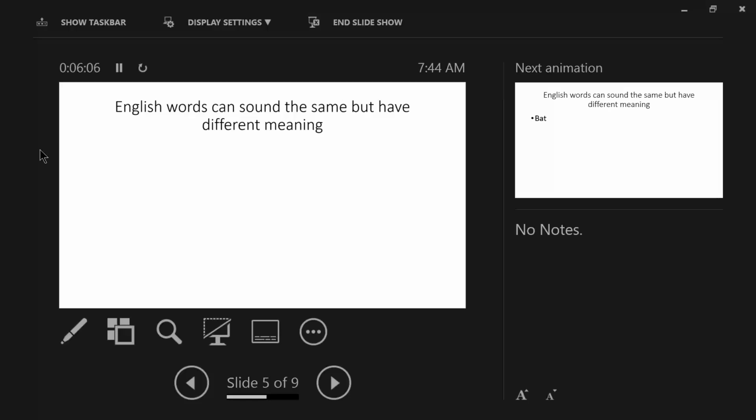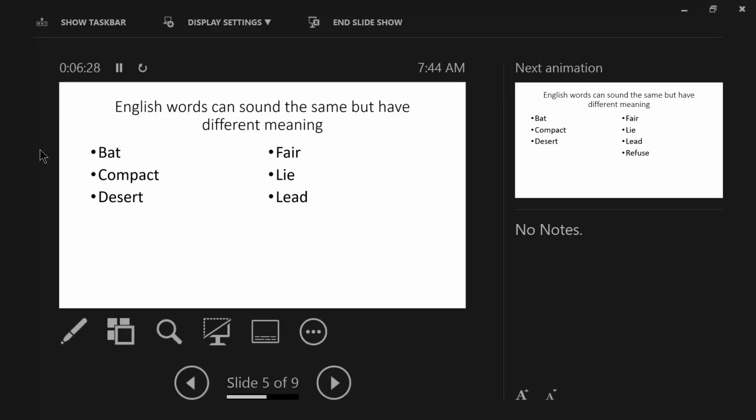have different meanings. Bat, compact, desert or dessert, fair, lie, lead. For example, bat there, okay?